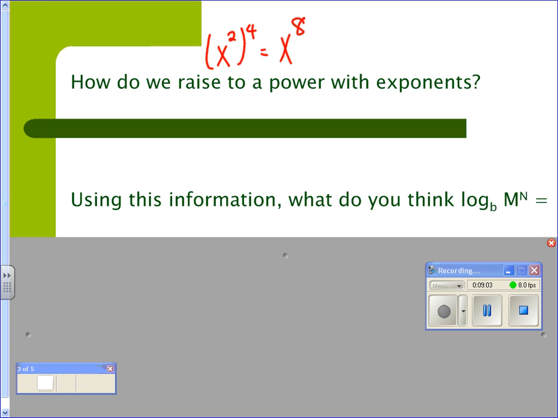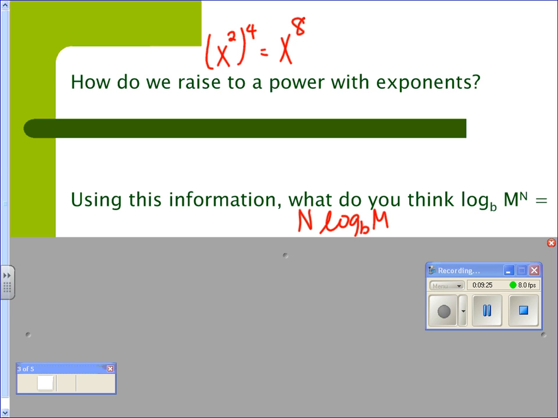Whatever. All of that. Does that make sense? The log base b of m is like an exponent, and then the n is also an exponent.